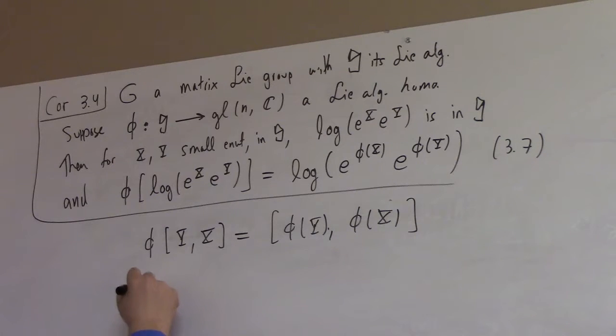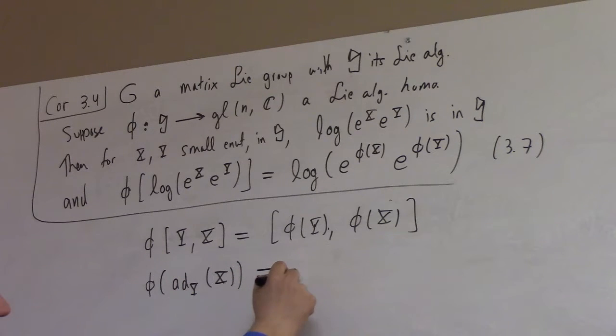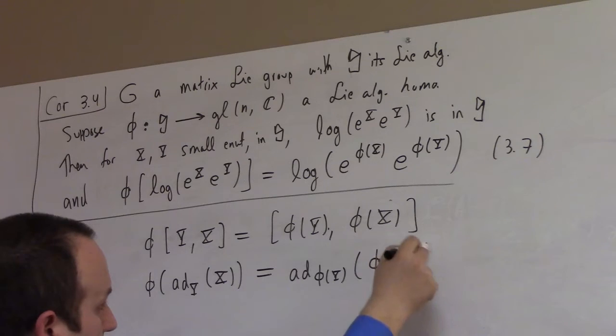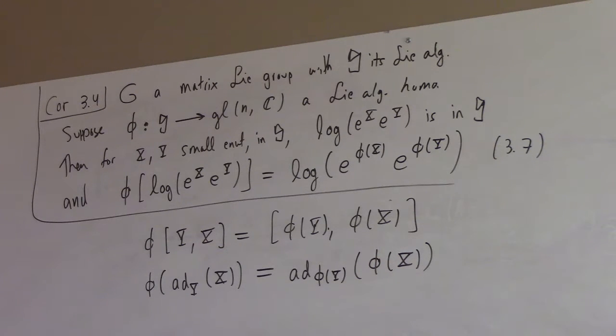This is phi of the little adjoint of y acting on x equals to what? Little adjoint of phi of y acting on phi of x, right?